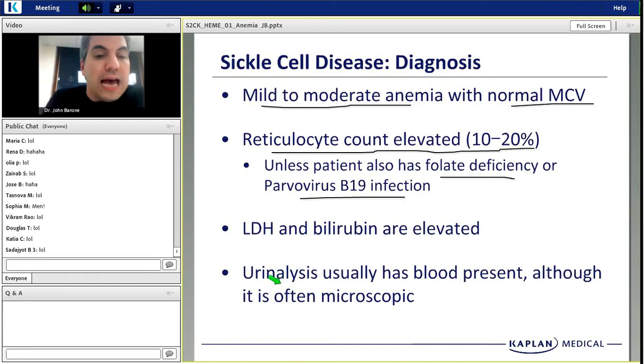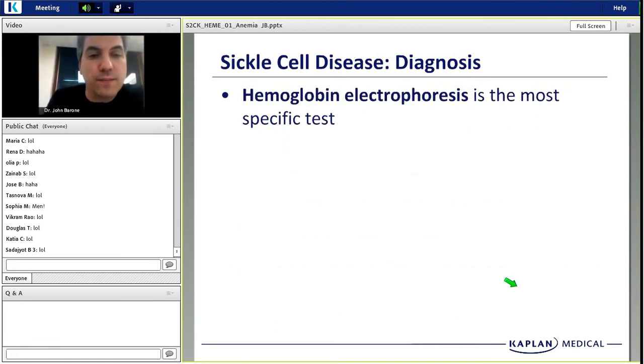And in urinalysis, we often see blood. It's usually microscopic because of the sickle cells getting stuck in the medulla. You get papillary necrosis. Best test, most specific: hemoglobin electrophoresis to look for hemoglobin S.